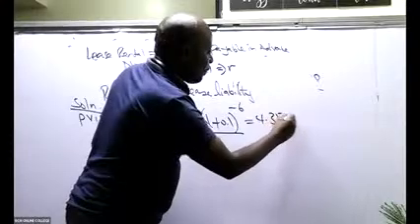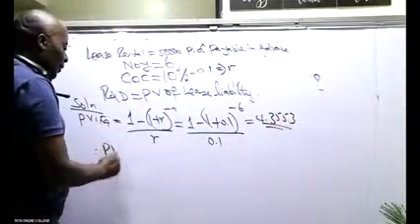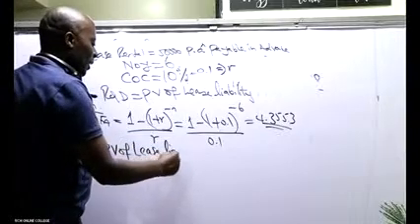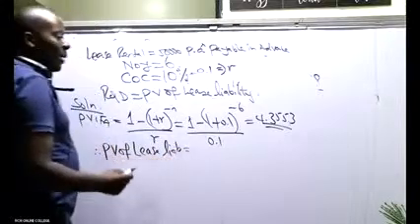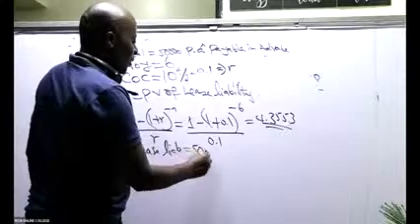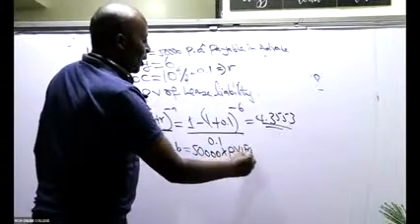And therefore, the present value of my lease liability will be this amount of 50,000, the annuity, times the PV factor.